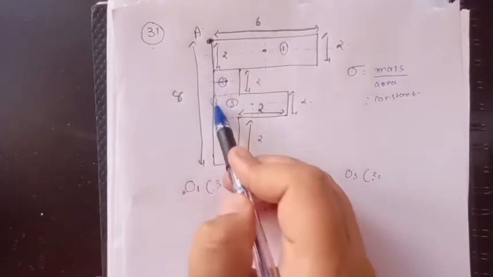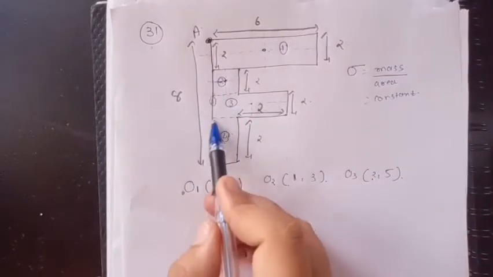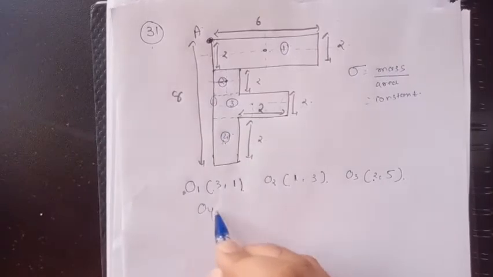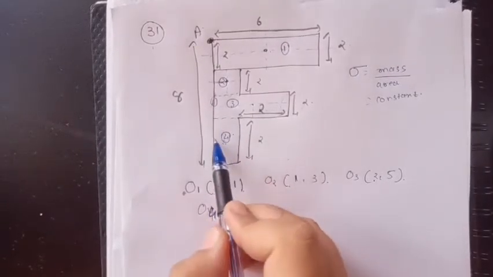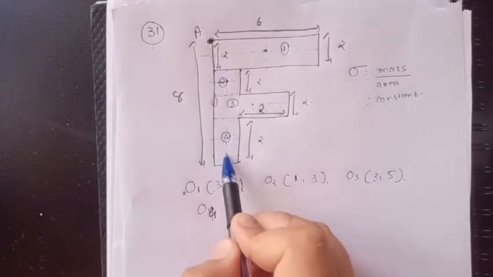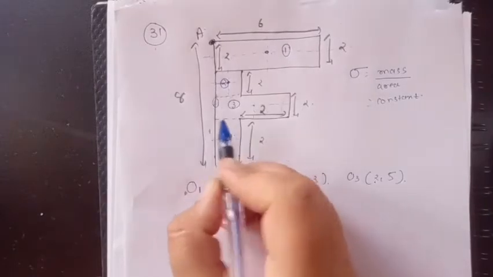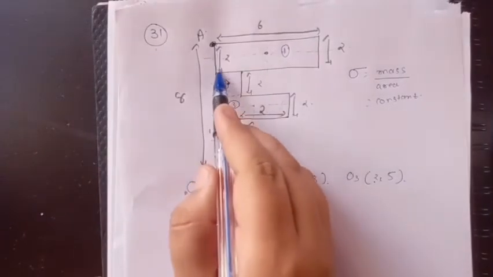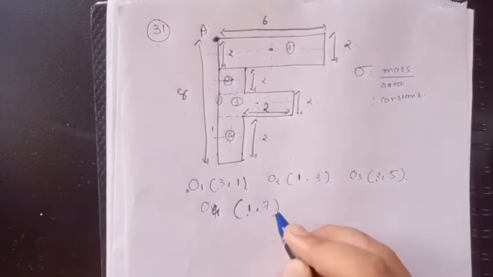So this is 4 plus 1, so the y component will be 5. For the fourth component, the center of mass will be the geometric center, so the x component will be 1 and the y component will be 2 plus 2 plus 2 plus 1, that will be 7.